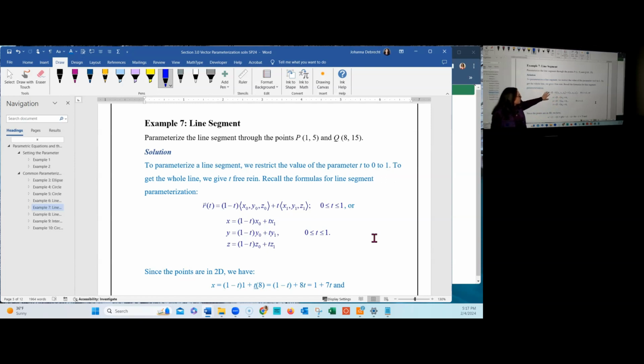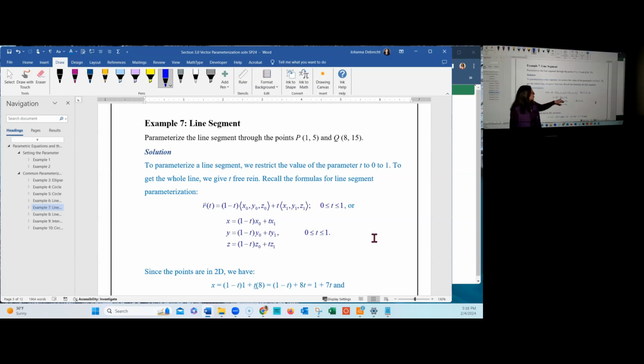So here are the formulas for vector parameterization of a line segment in 3 dimensions. Of course, we can just make it into 2D by setting the x and the y. And we just have an x naught, y naught, and an x1, y1. We want ours to start at 1, 5 and stop at 8, 15.